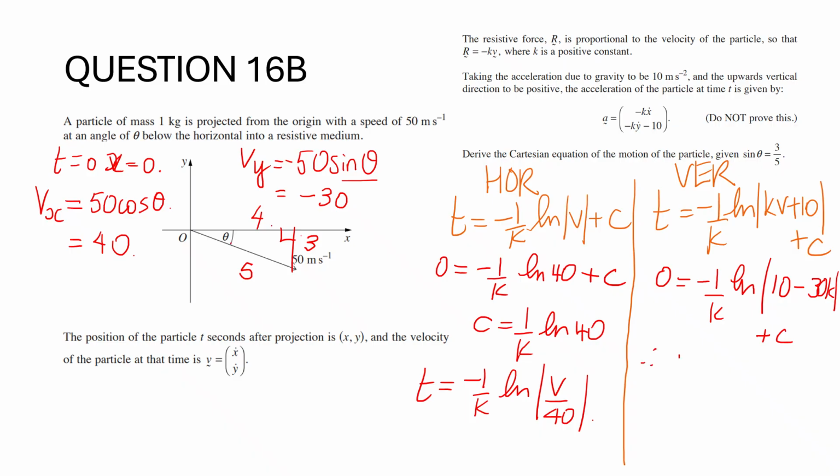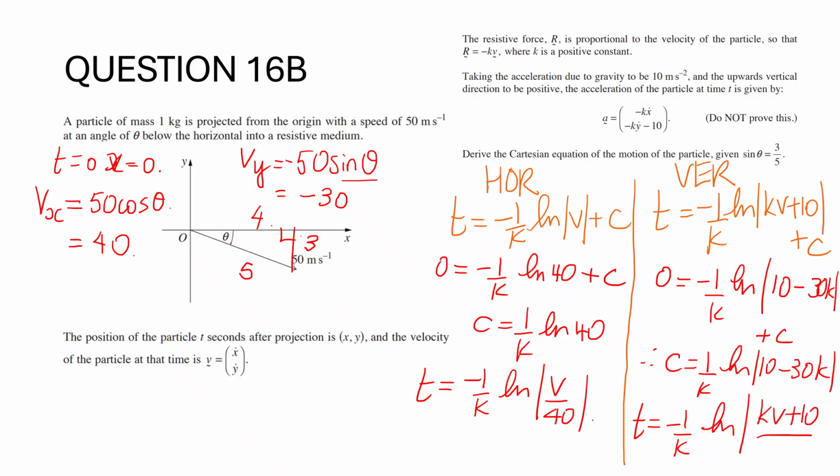Therefore, c is equal to 1 on k ln(10 minus 30k), and t will equal -1 on k ln((kv plus 10) on (10 minus 30k)).